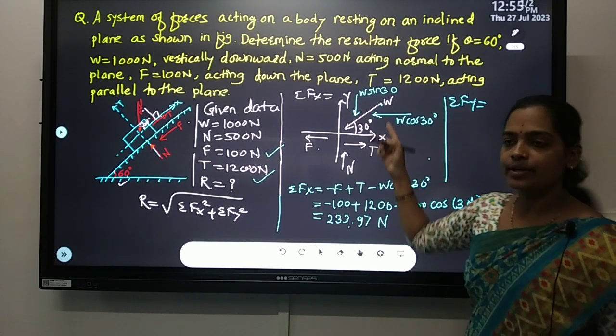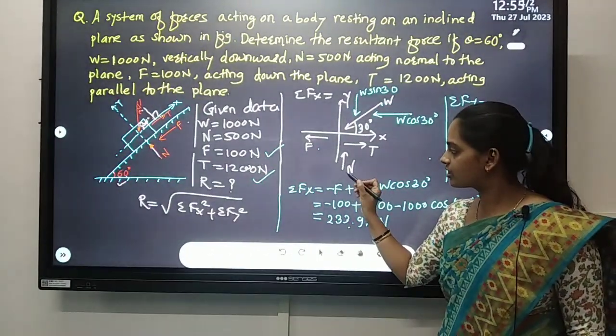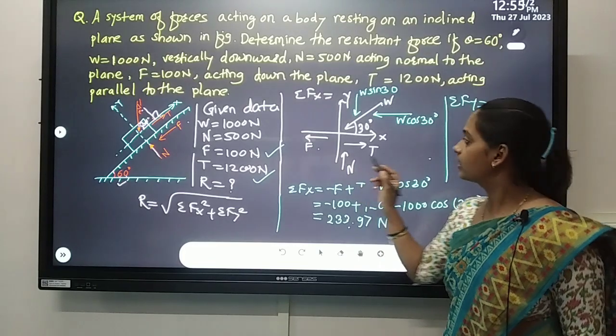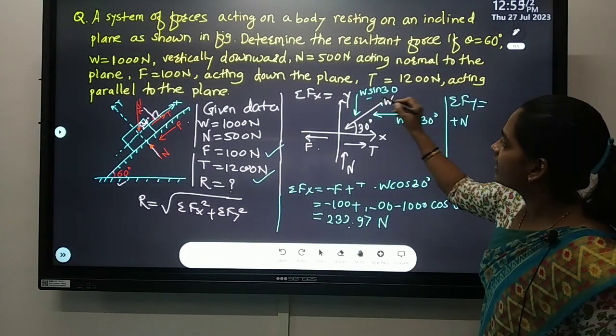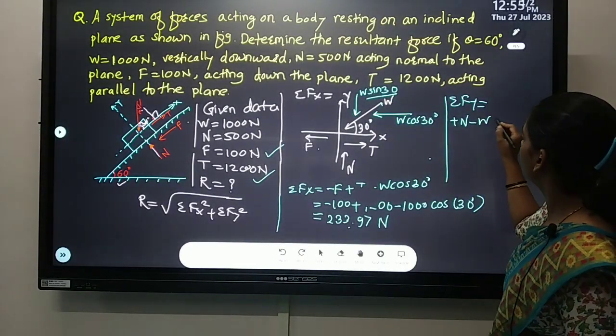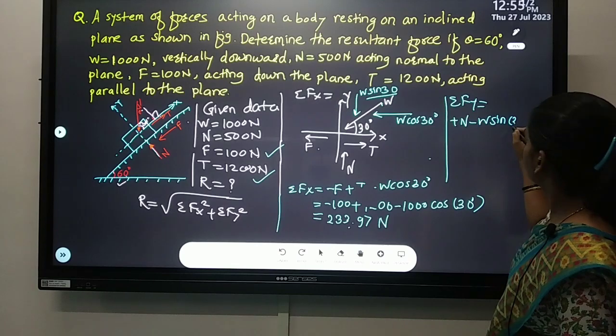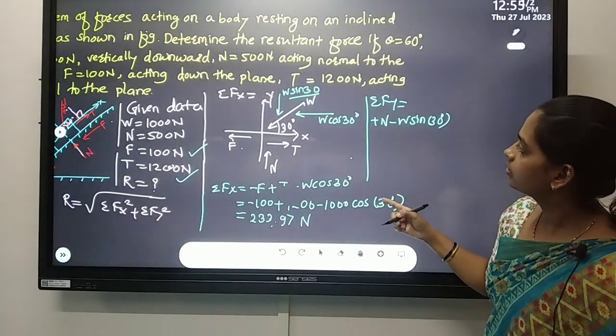Then calculate summation F of y. Summation F of y is a summation of all the forces along vertical plane, alright. Since normal reaction N is going towards up, consider it as plus N, W sin 30 coming downward, that is why consider as minus W sin of 30 degree. Again any other force?